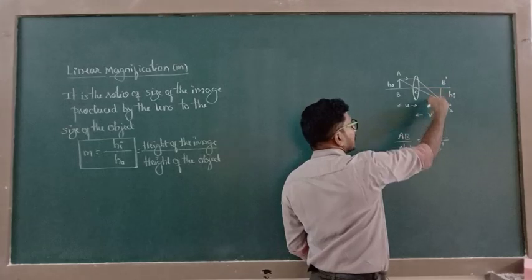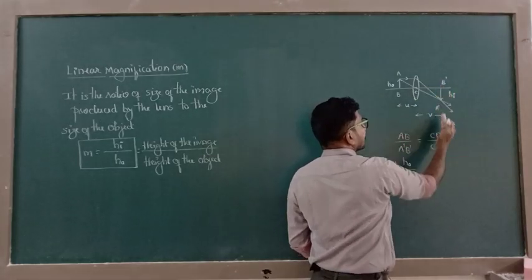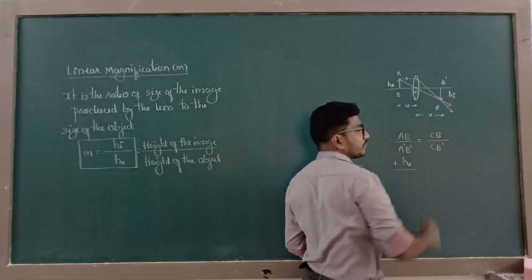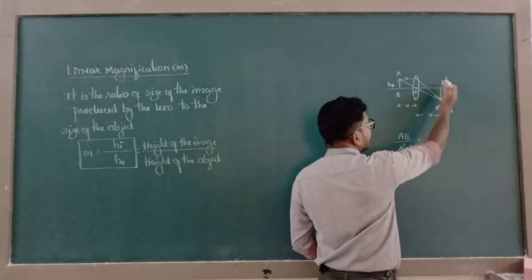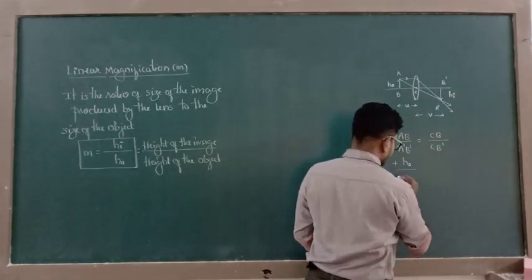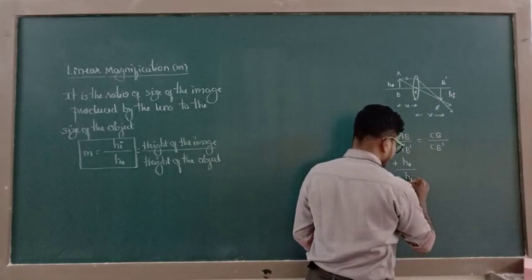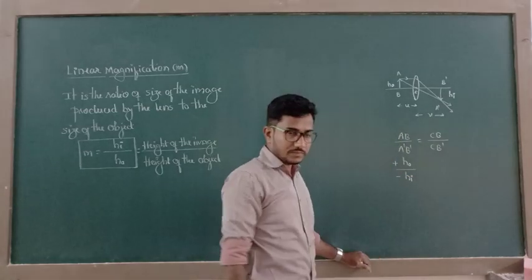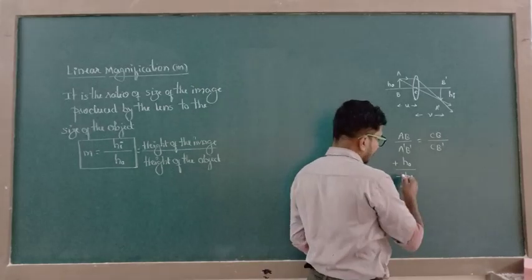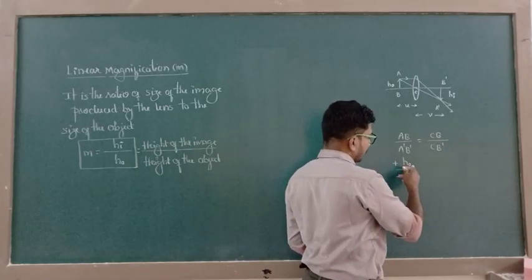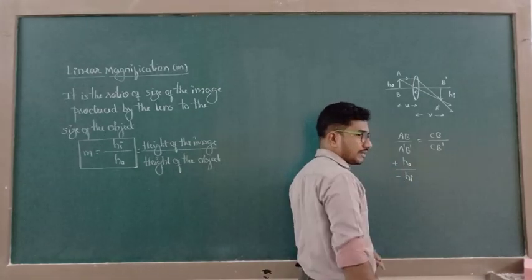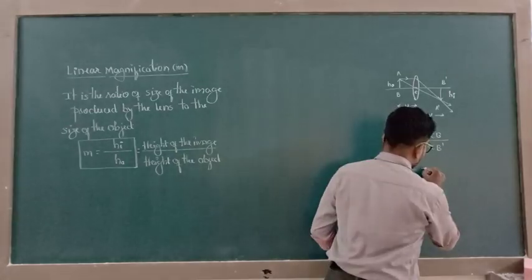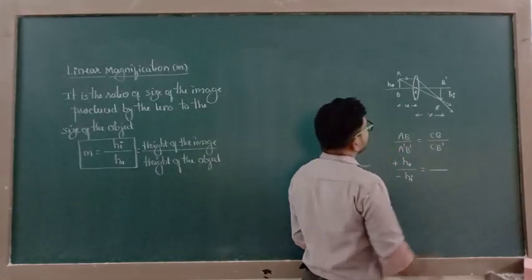Downward distances measured perpendicular to the principal axis are taken as negative. Therefore, the height of the image is minus H subscript I. Let H subscript O be the height of the object and H subscript I be the height of the image. This is equal to CB.